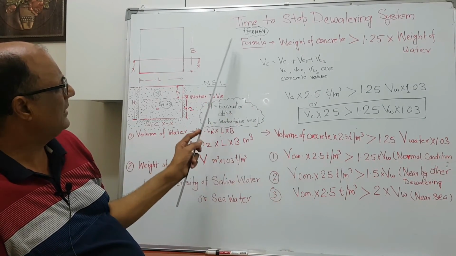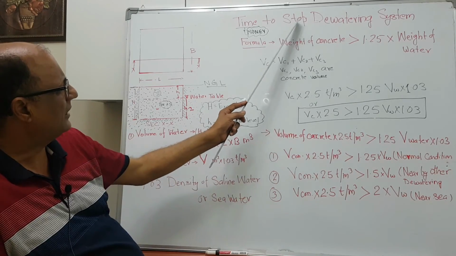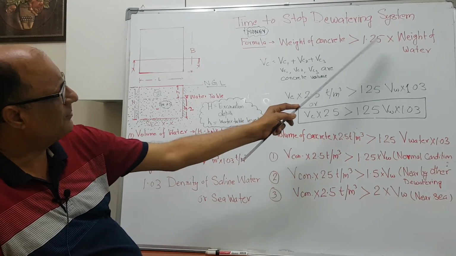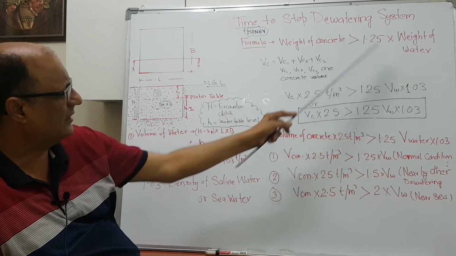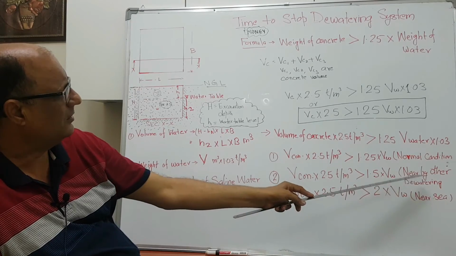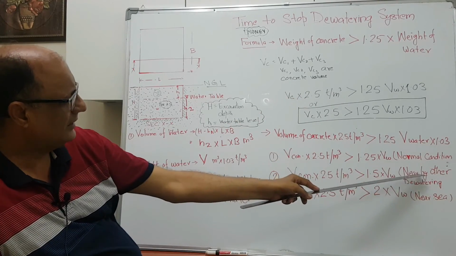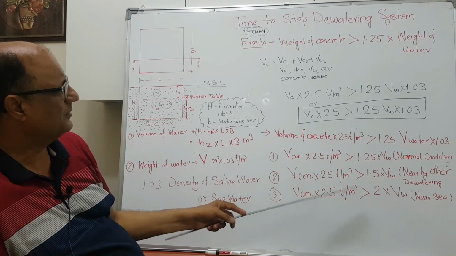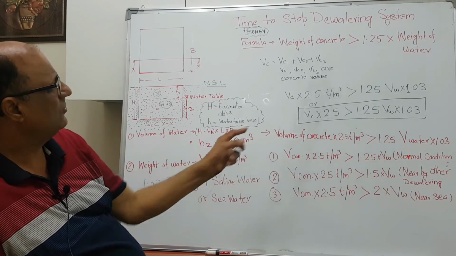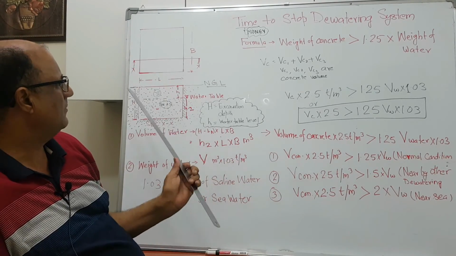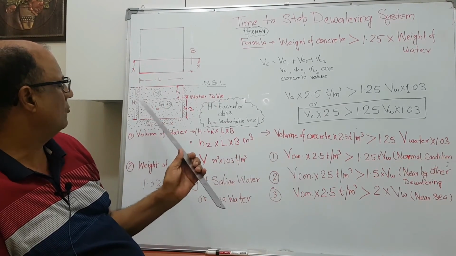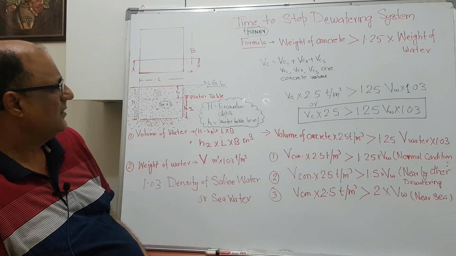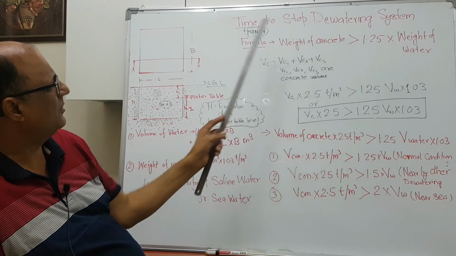So my video today is on the time to stop the dewatering, and that time is when the weight of the concrete must be more than 25% above the weight of the water in a general condition, or 50% more in the other condition, and if you are very close to the sea, it must be double the weight of the water. So to keep the structure safe when we stop the dewatering, there should not be any risk of the structure bouncing in the water. Hope the concept is clear in this video.